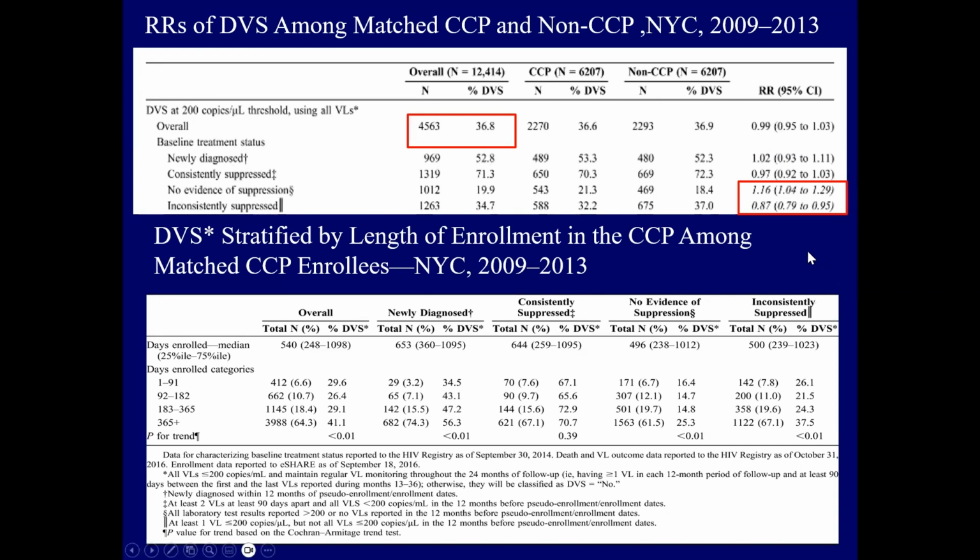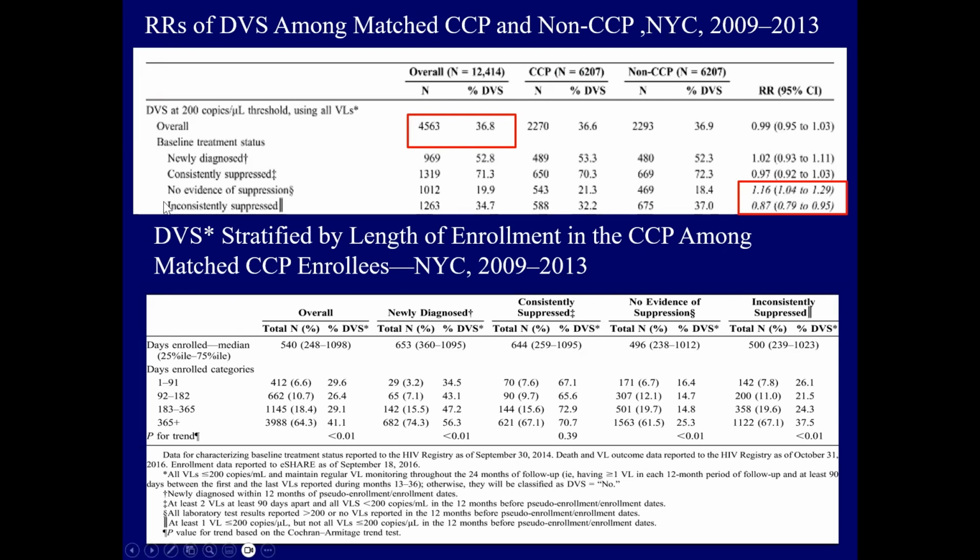So in this analysis, we can see that CCP enrollees with no evidence of viral load suppression in the year prior to enrollment were significantly more likely to have durable viral suppression compared to their non-CCP counterparts, with a risk ratio of 1.16, and the confidence interval does not include 1.